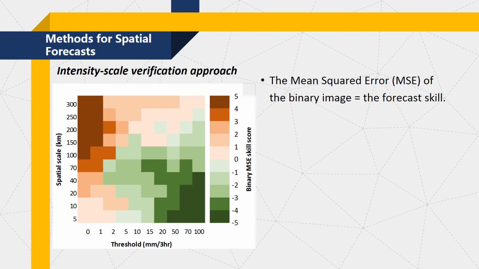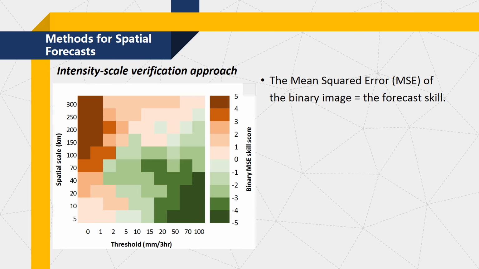One of the verification methods that I want to share with you is the intensity scale verification approach. The intensity scale verification approach is a verification method that represents a spatial scale forecast based on forecast error, scale, and intensity.